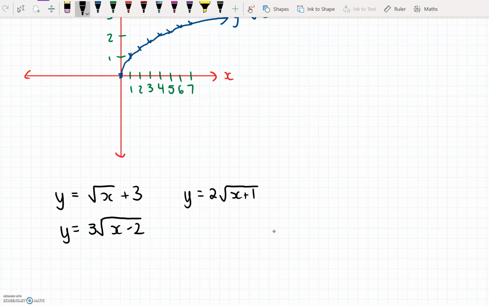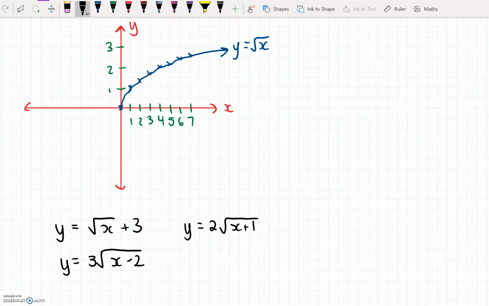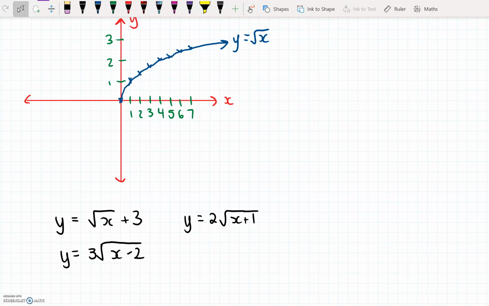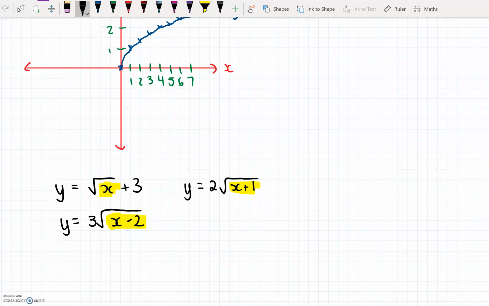So what I want you to think about when you're doing these is, firstly, you need to make sure that whatever is underneath this square root is going to give you a positive answer. For example, with this one down the bottom here, we can't get a negative answer. So there's going to be a limit to what numbers we can put in there.